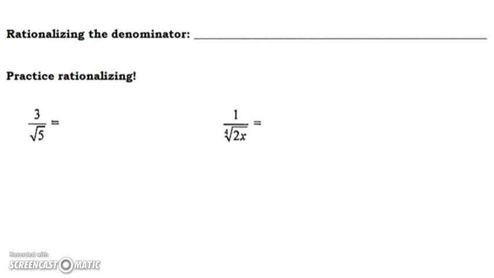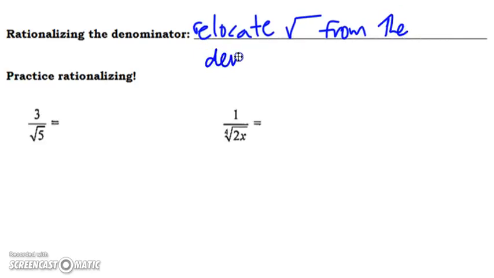Next, we're going to talk about rationalizing the denominator. When we're doing that, we're going to try to relocate the radical from the denominator to the numerator.